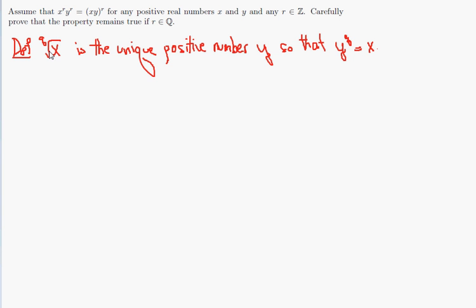So when you see this term, the qth root of x, where x is a positive number, it is the unique positive number so that when you raise it to the qth power, you get the original number back.